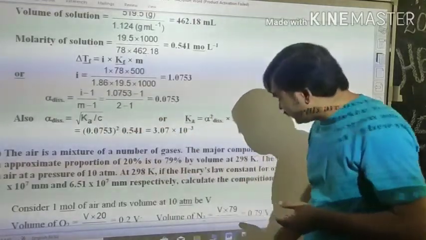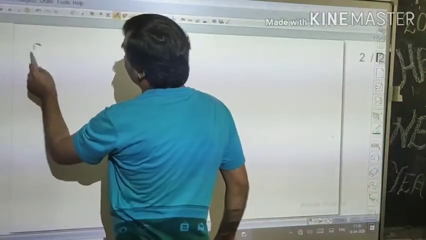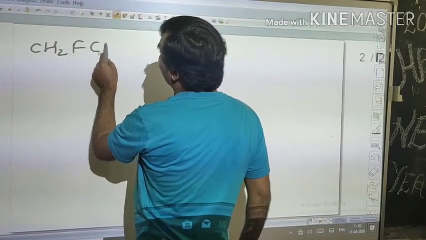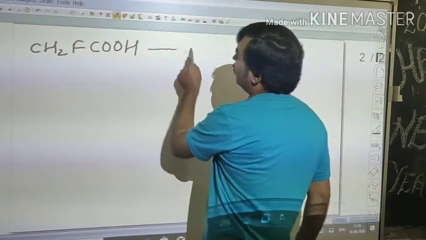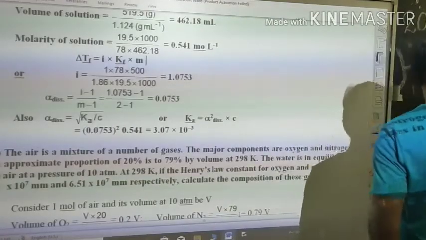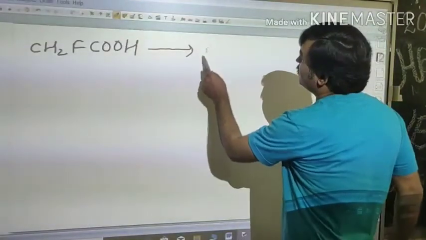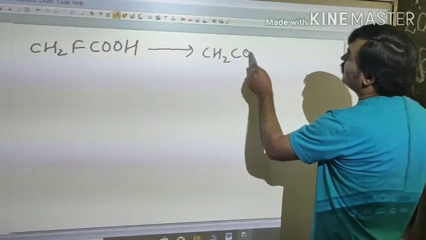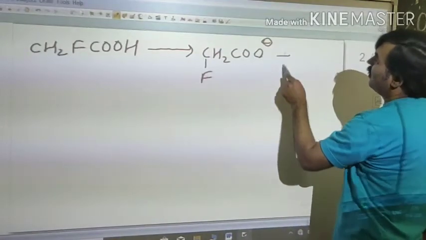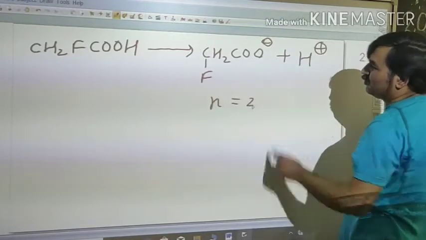It is fluoroacetic acid, and fluoroacetic acid will ionize to give CH2FCOO negative ion and H positive ion. So in this case, n will be equal to 2.